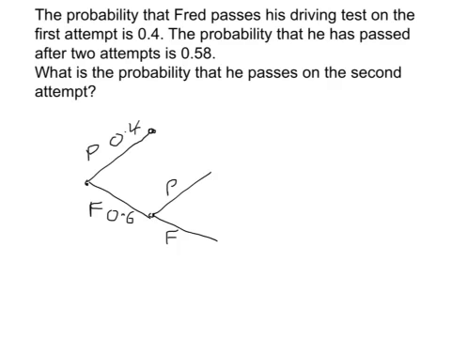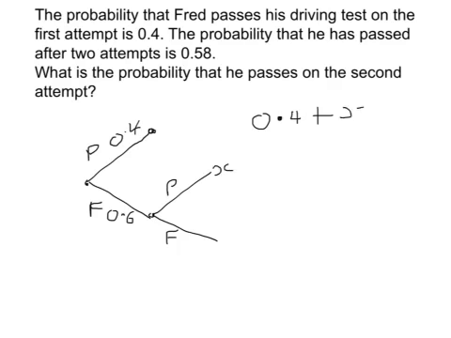So how are we going to solve this problem? Well, let's think. What we do know is that he has passed the test. So if he passes the test, he could either be there or he could be here. And so what we know is the probability that he's in either of those places is 0.4, or he could be here, and that's a key word, or, because he could be there, so it's plus the probability of arriving here, and we'll call that x.